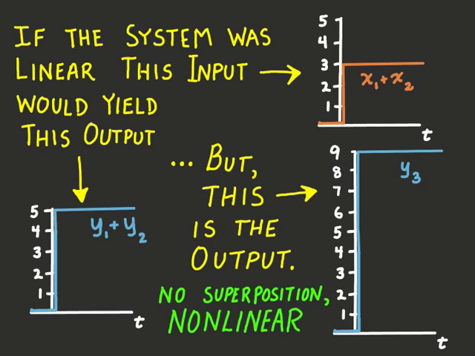If the system was linear, the input that is a step of height 3 would produce the output that is a step of height 5. But it doesn't. It produces the output that is a step of height 9. So we do not have superposition, and this system is nonlinear.